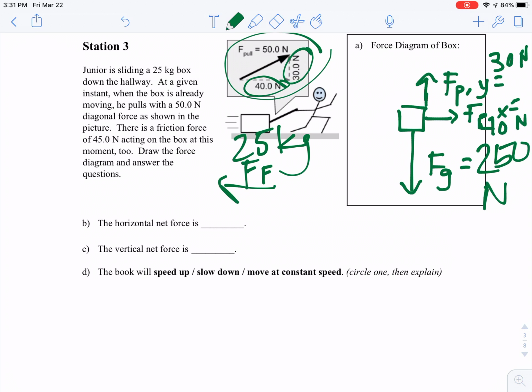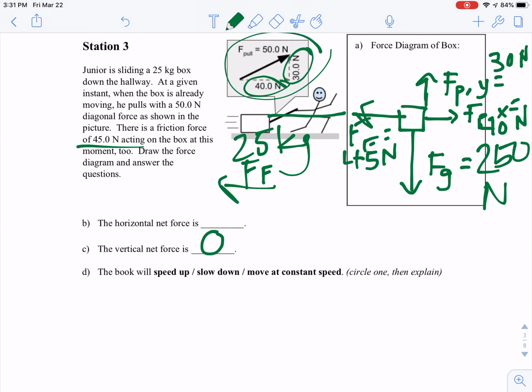40 newtons. Close enough. Okay, so we have to also include the friction, which is that way, F equals 45 newtons. And then the last thing we have to do is include normal force. We should know that the vertical net force should be 0, because it's moving across the floor.